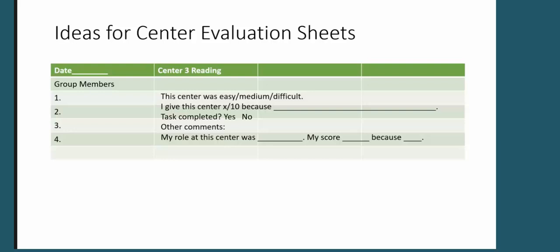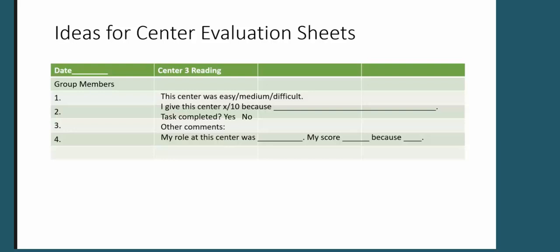And then, "I give this center 7 out of 10 because it was fun," or 9 out of 10 because it was awesome, 2 out of 10 because it was too hard. Did you finish the task, or did your group finish the task? Yes or no?